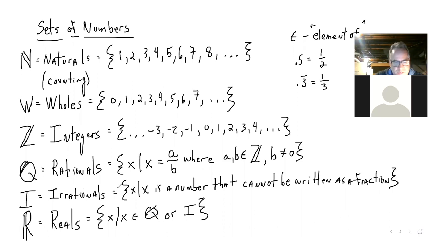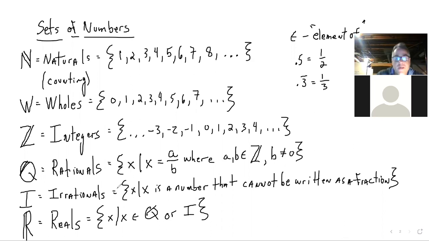We can take this one step further, and if you've had college algebra, you have. It's the set of what we call complex numbers, where we have a number of the form a plus bi, where i is the square root of -1. All the reals would belong to this set of complex numbers, but we'll stop here.